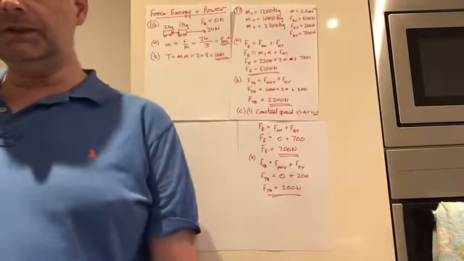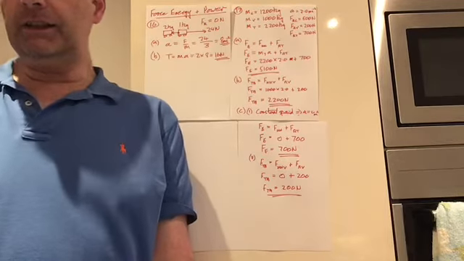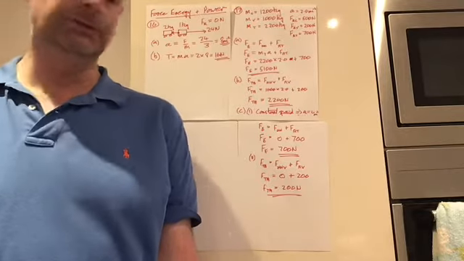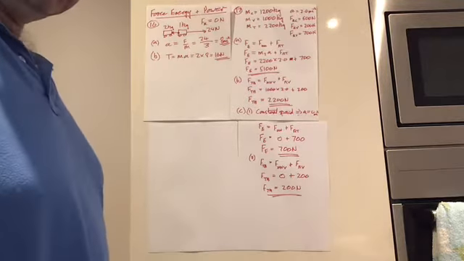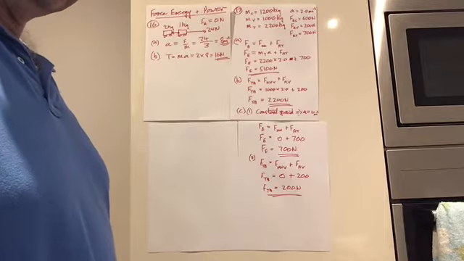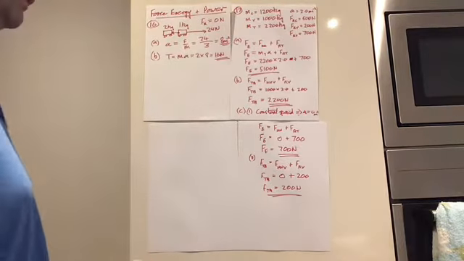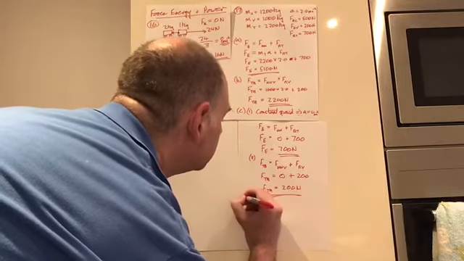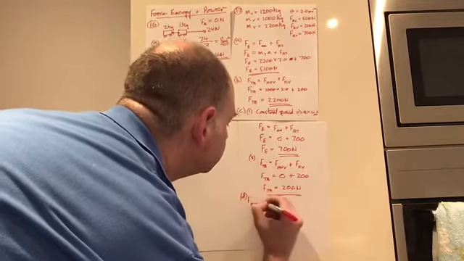And then part D, the car brakes and decelerates at 5 meters per second squared. Calculate the force exerted by the brakes, assume the other frictional forces remain constant. So, let's have a think here. What do we need? The first thing we need to do is work out the force that the brakes produced in total.